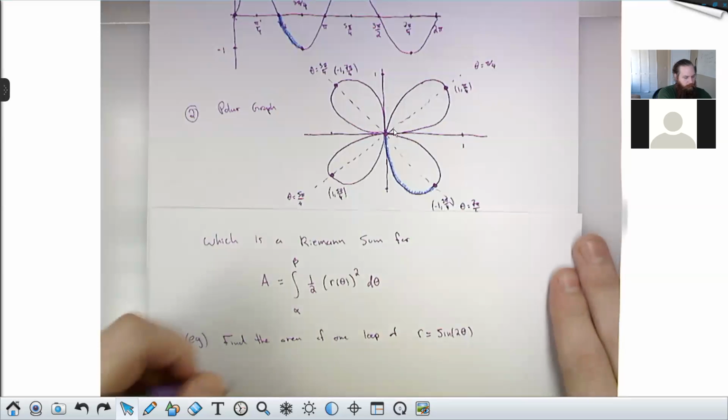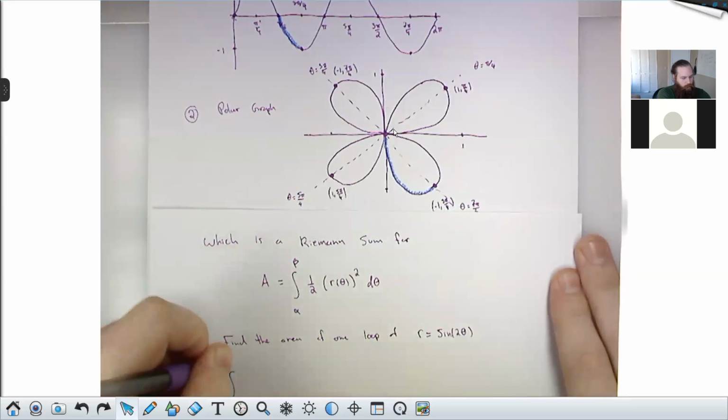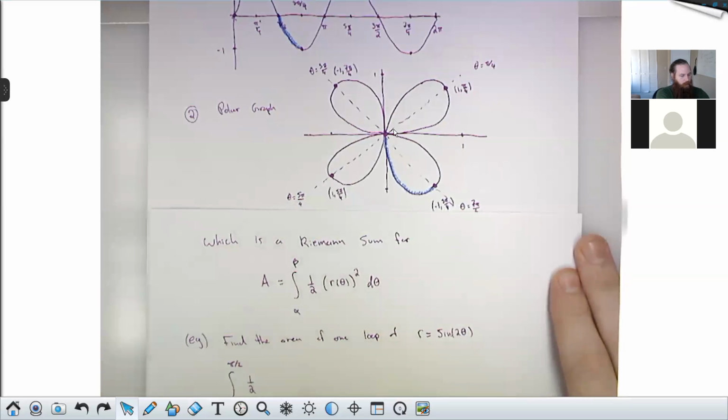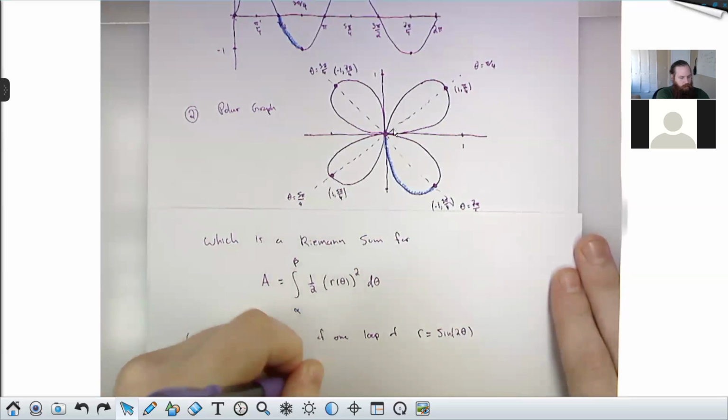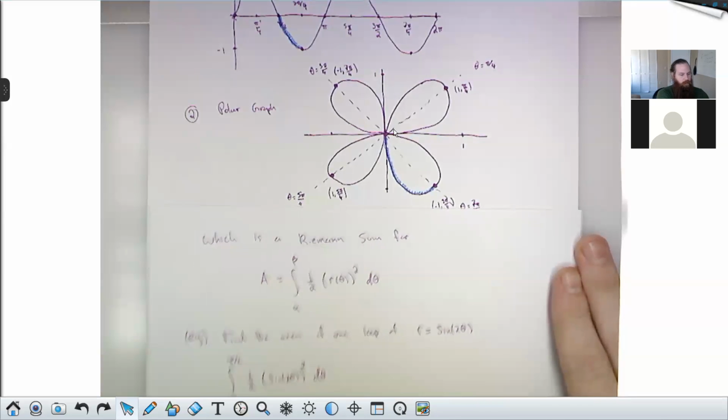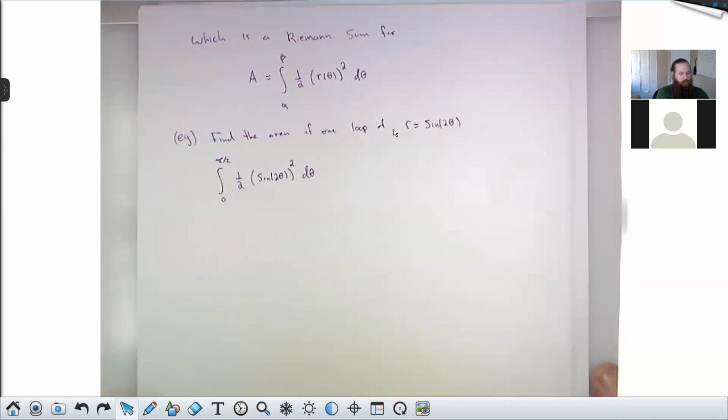So that would be integral 0 to pi over 2, 1/2 r of theta squared. R of theta here is sine 2 theta, so that's sine of 2 theta all squared d theta. This would be the integral I had to do.